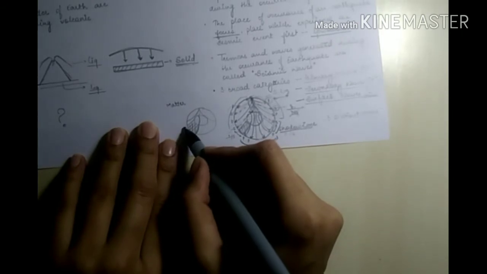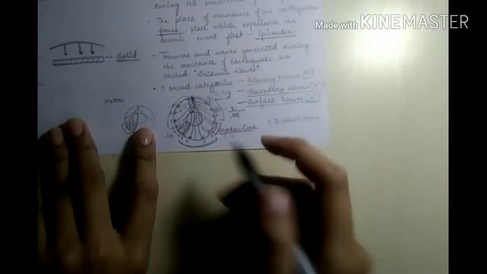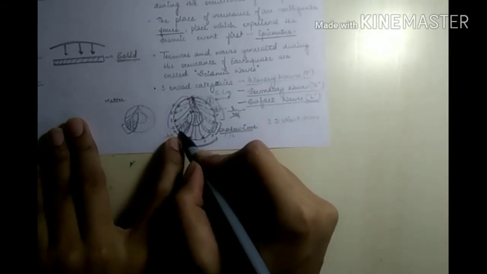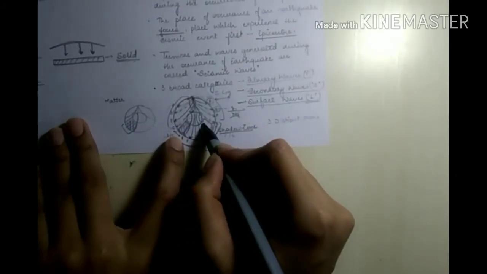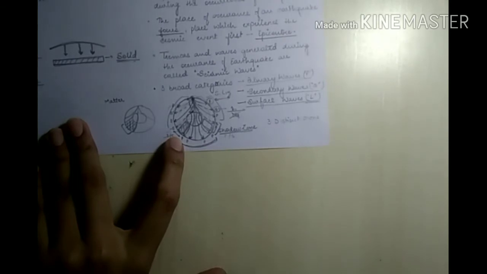So this zone was known as the shadow zone, the P and S waves shadow zone. These two parts are known as the wave shadow zone.